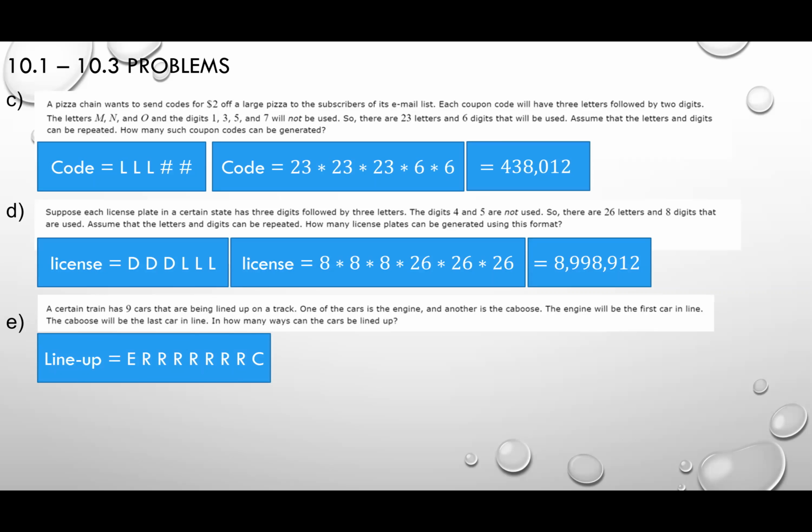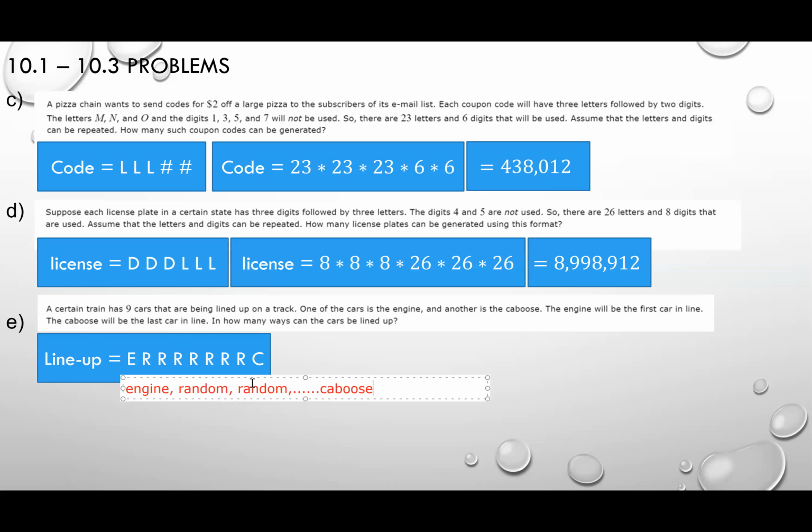Everybody see that first, they want the engine. This is my first item. They want an engine, right? And then they want some random car, and some random car all the way into the last item. They want a caboose. So everybody see that this is what I need to line them up. This is the setup that they want it to be, something in this nature.